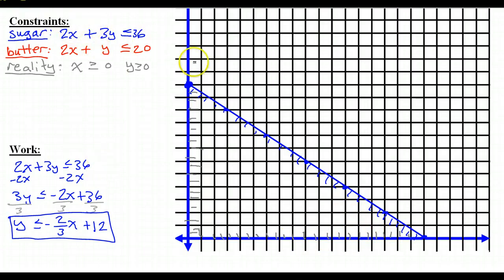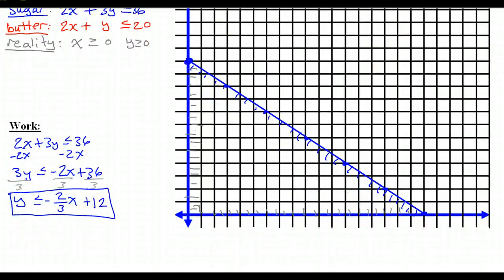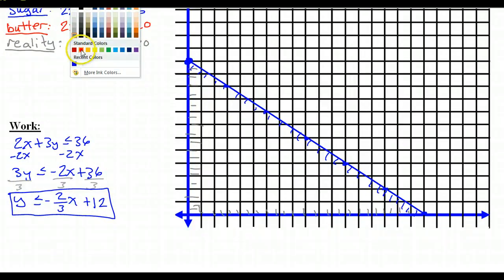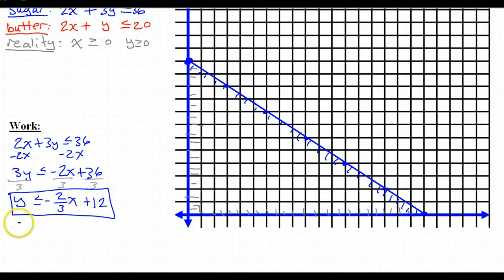Now the butter constraint. Let's do it in red. That constraint went 2x plus y is less than or equal to 20. Subtract 2x from both sides. That gives us y is less than or equal to negative 2x plus 20.